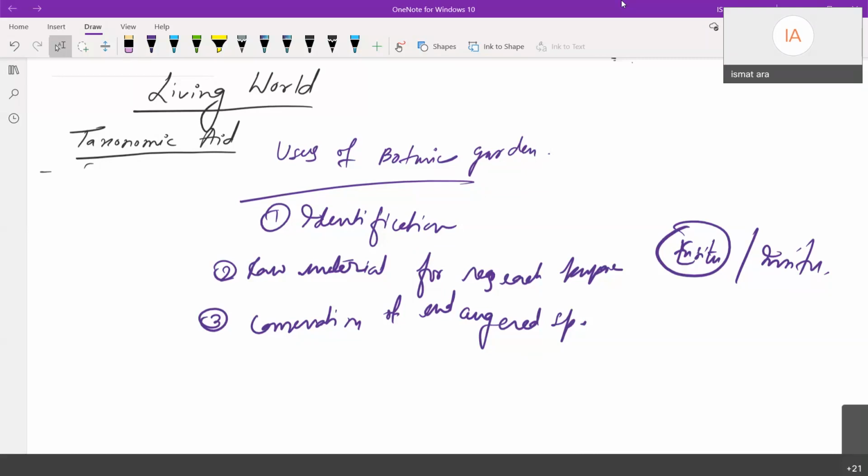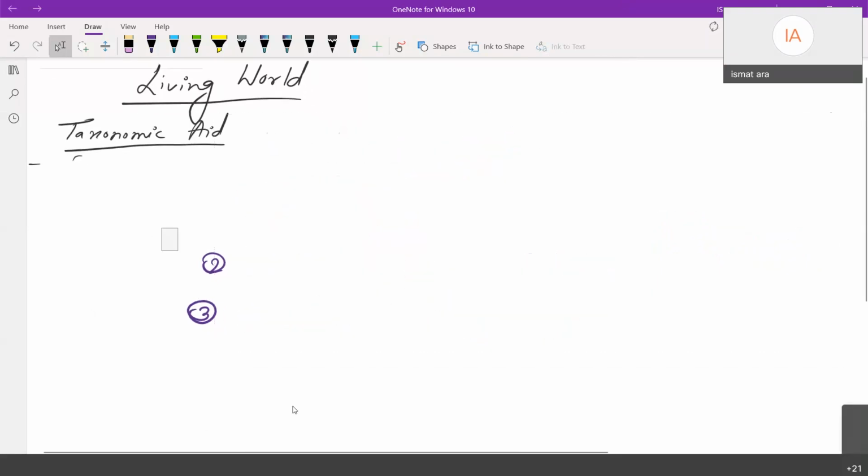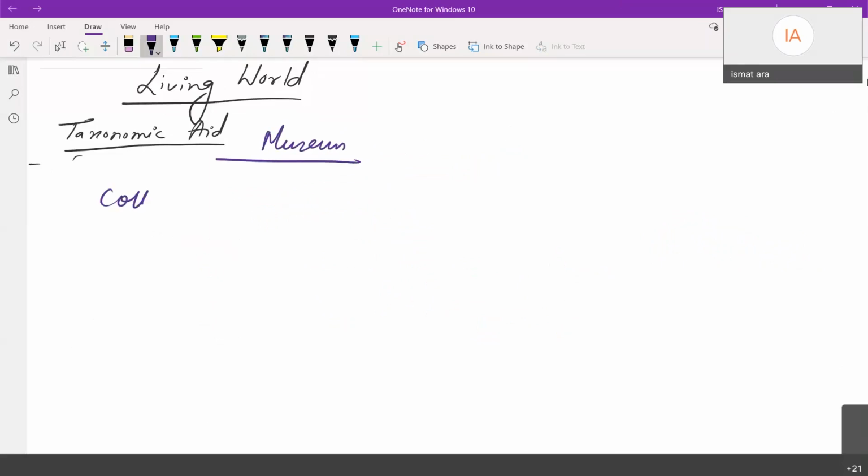Next taxonomic aid is museum. Museum means collection of preserved plants and animals.